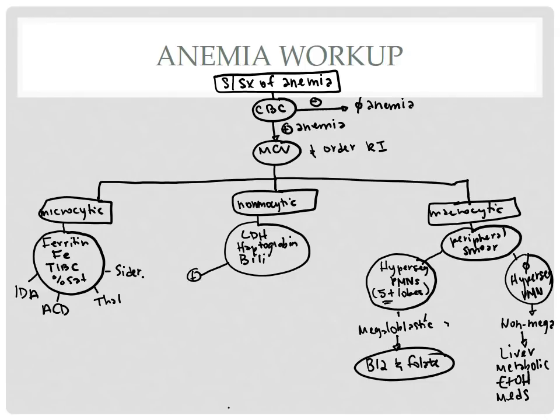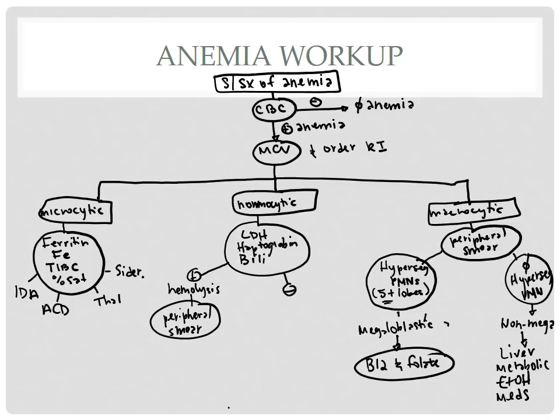If you have positive hemolysis, meaning that you have an elevated LDH, an elevated bilirubin, and a decreased haptoglobin, then the next thing to do is to get a peripheral smear, and that will give you your diagnosis.